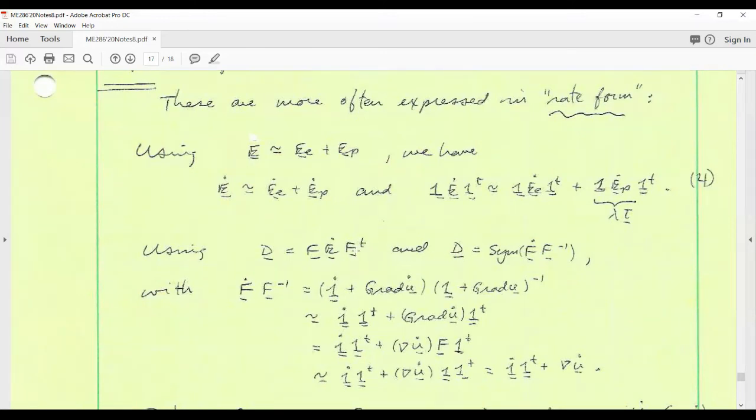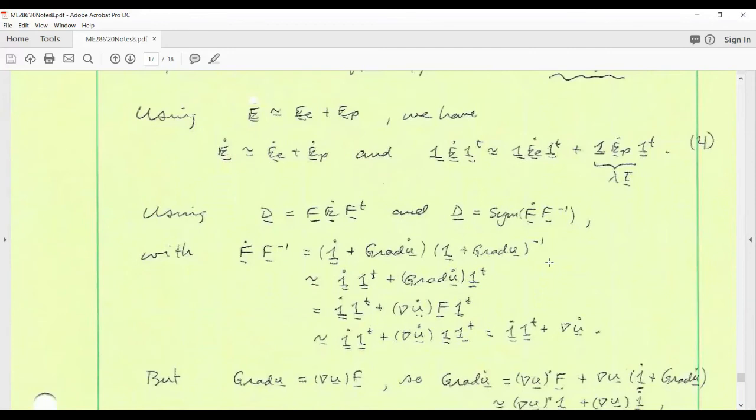And you can see if you replace F by shifter plus the displacement gradient and then neglect the small displacement gradient, that this is approximately this. So let's use this exact relationship and approximate that to get an approximation for the left-hand side here.